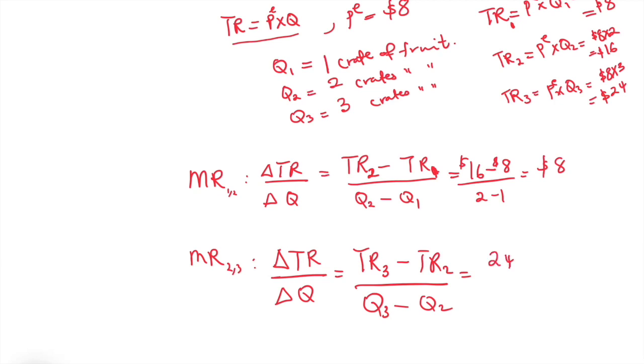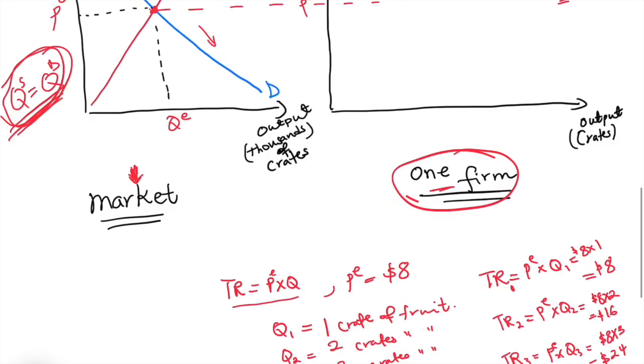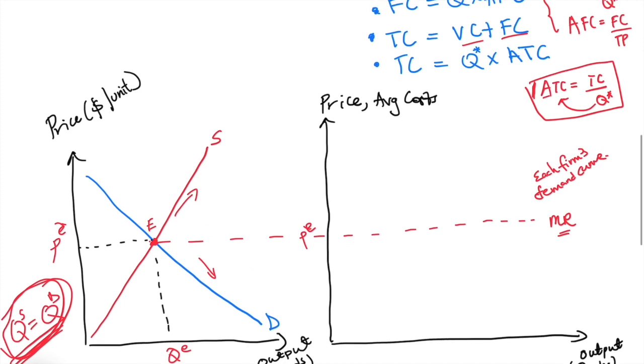Okay, that is $24 minus 16 divided by 3 minus 2. Okay, 8. So I hope you believe me when I say that marginal revenue in perfect competition is price. Wonderful. So now that we have this, I'm going to change my color.